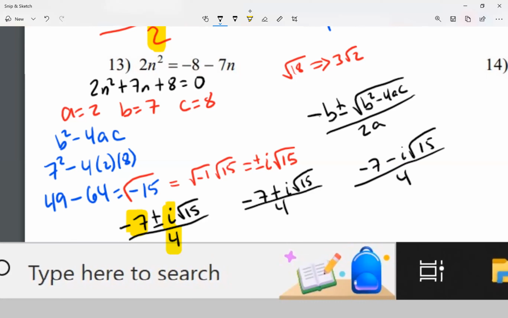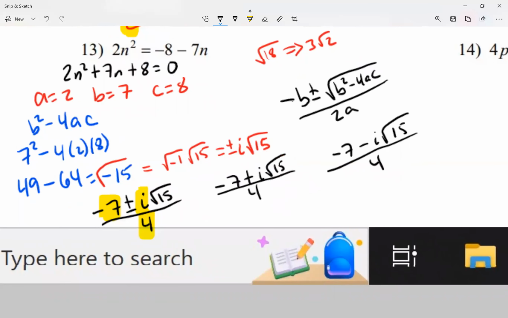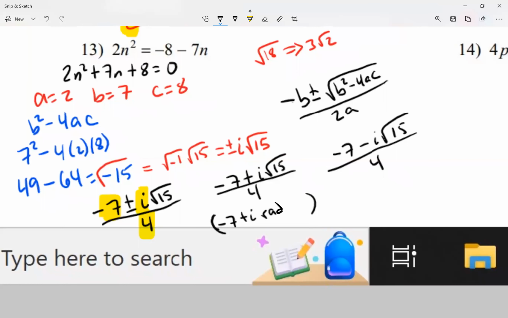Notice that my difference was plus or minus. Now, some of you might be thinking, how am I going to type this? The top of the fraction, I have to put inside of parentheses. So that's going to be the top of my fraction, and inside of my parentheses, negative 7 plus i rad 15. I know it looks like two parentheses closing at the same time.